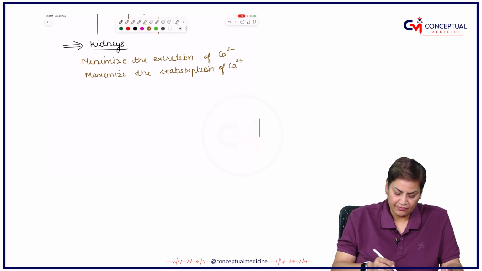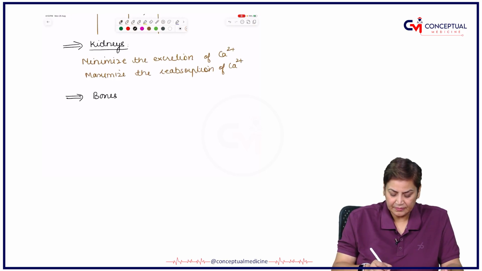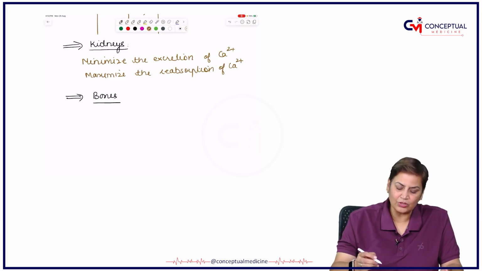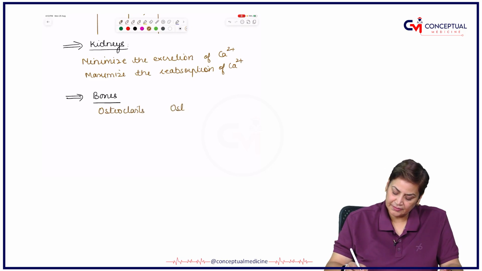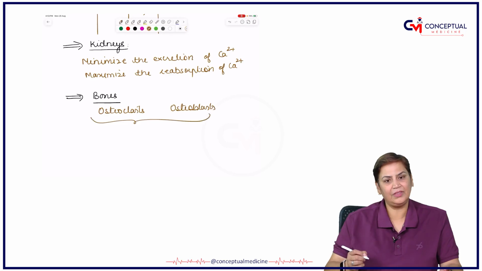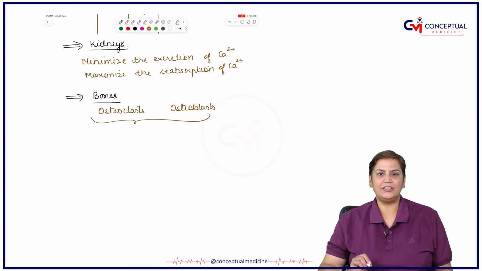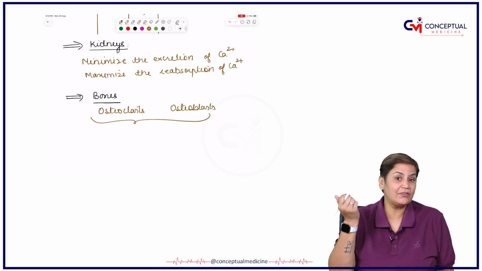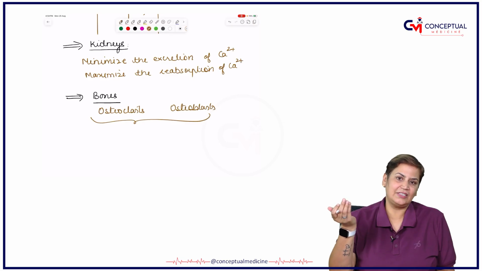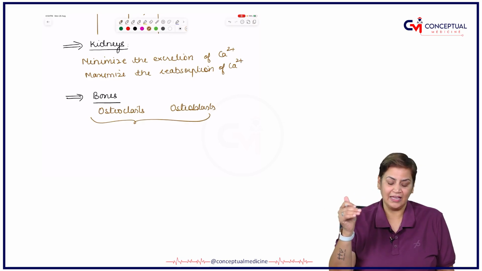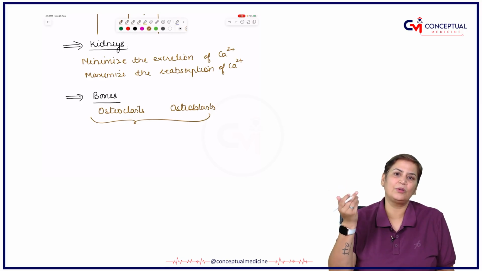Right. And then if we talk about the bones, we know that osteoclasts are there, osteoblasts are there. So depending upon the level of calcium, they will be acting. If the level of calcium is low, then obviously demineralization of the bones will occur, releasing calcium into the blood, thereby increasing it. And if it is high, it will lead to deposition, or mineralization.